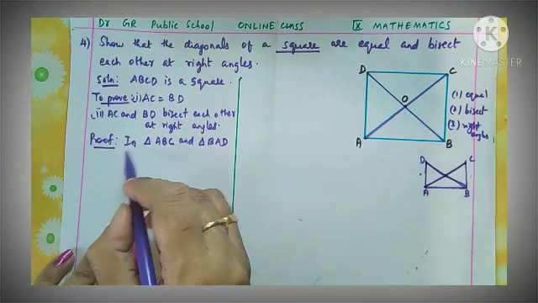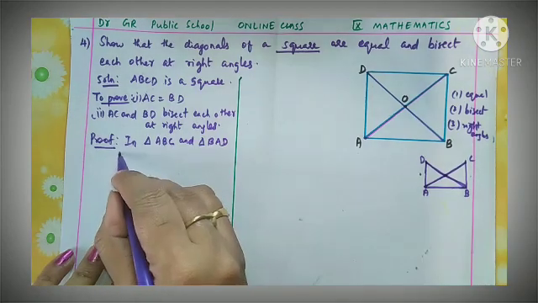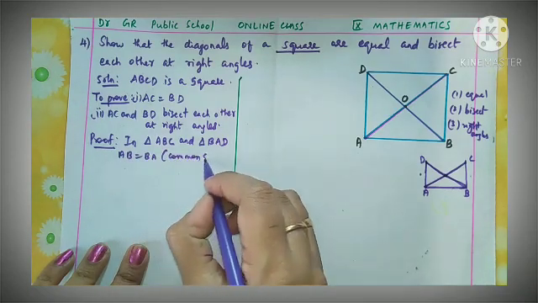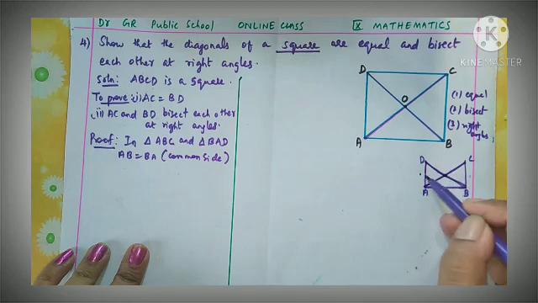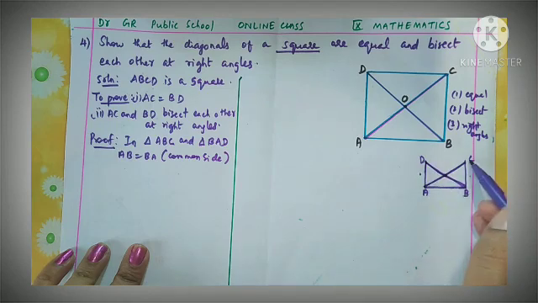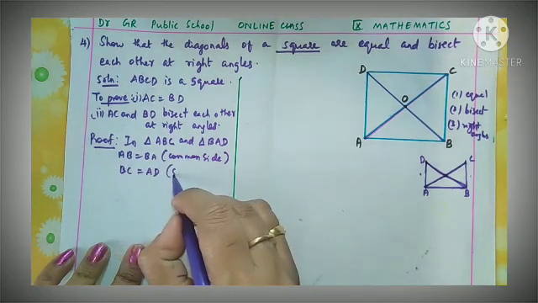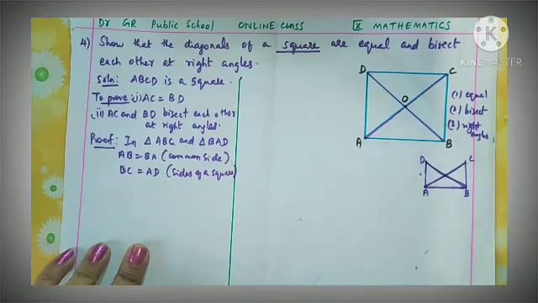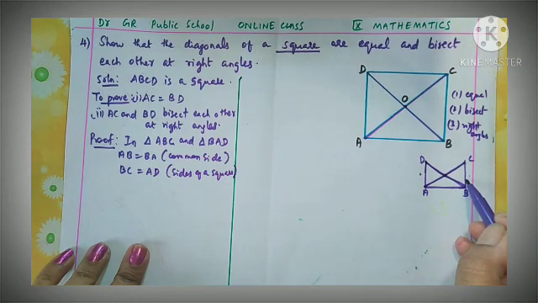Okay, so what are the things we have available? See, this AB is the common side, so you can write first AB equal to BA. That is the common side of these two triangles. Then already you know the sides of the square are equal, so we can say AD and BC are equal. Yes, so BC is equal to AD, sides of a square. Now what can you say about these two angles, ABC and BAD?